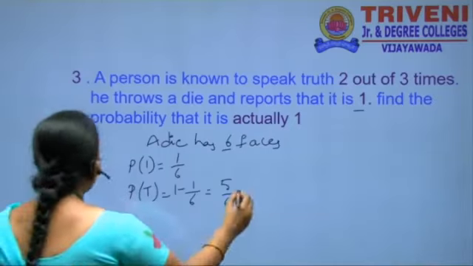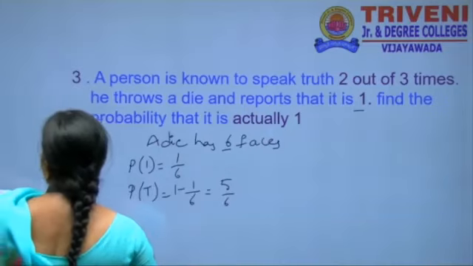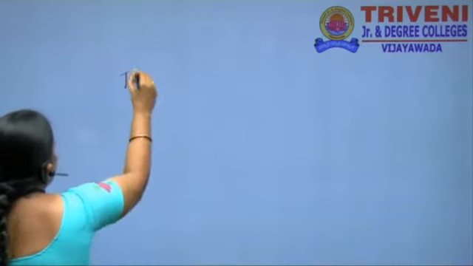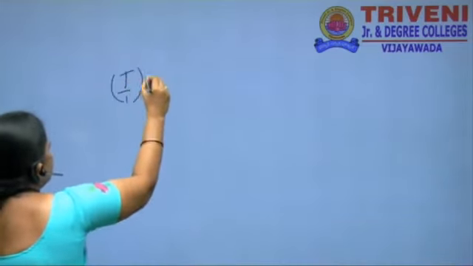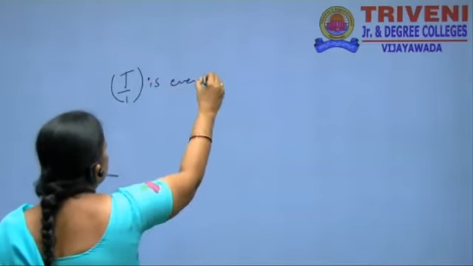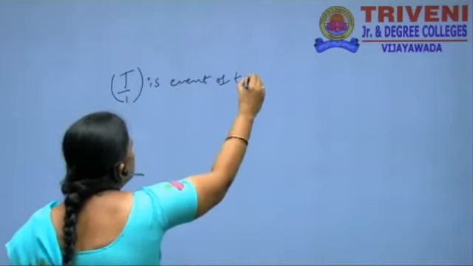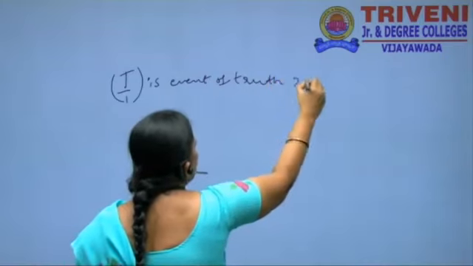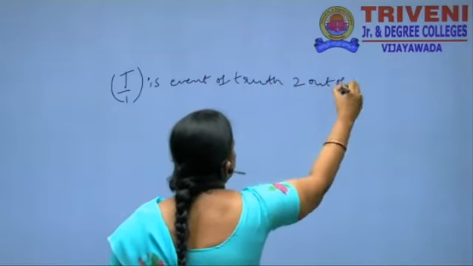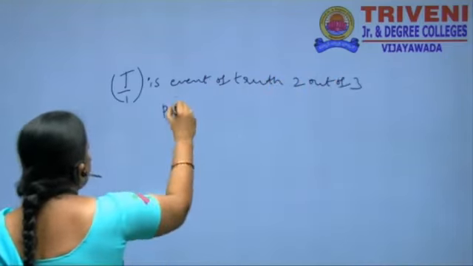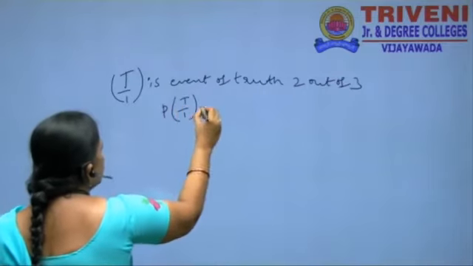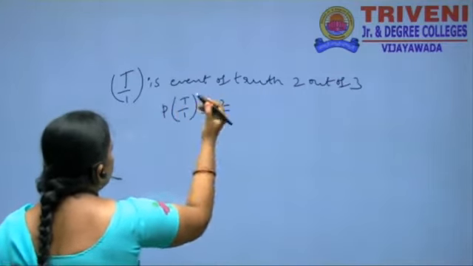We can take it as P of T by 1 is equal to 2 by 3.